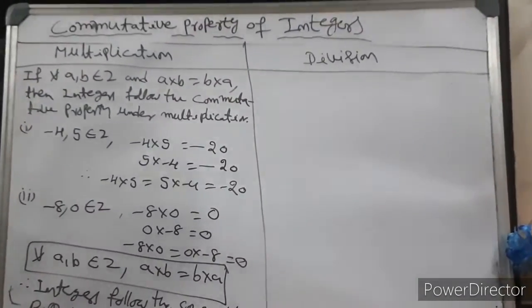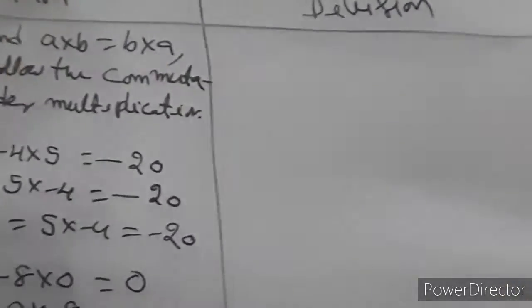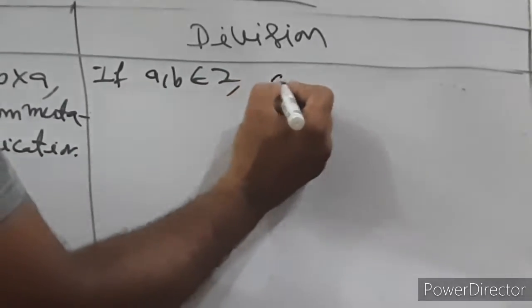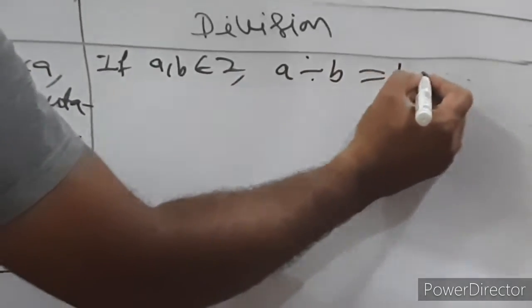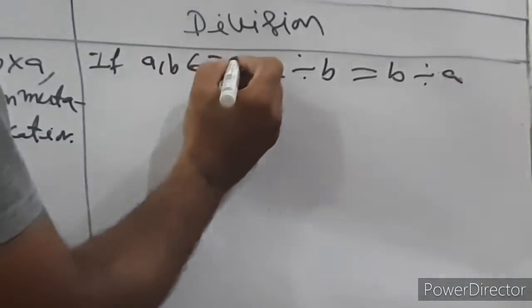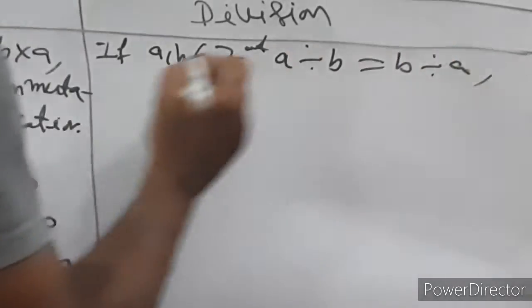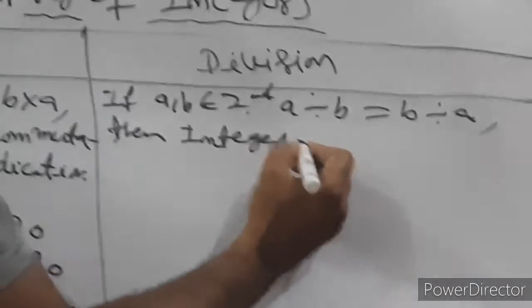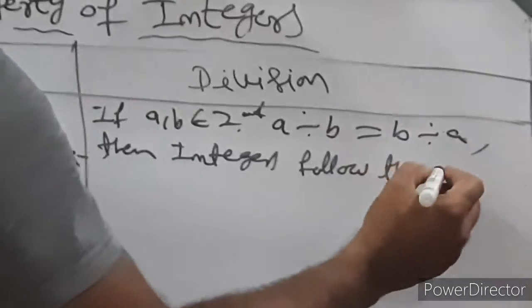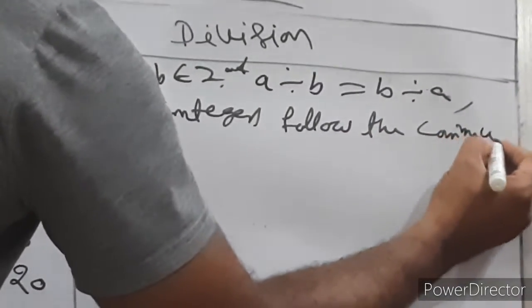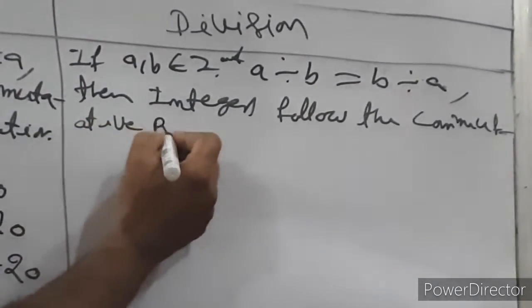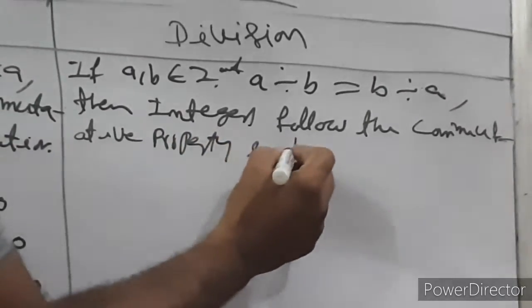So now you check this property under division. Here also, if A, B belong to Z and A divided by B is equal to B divided by A, then integers follow the commutative property under division.